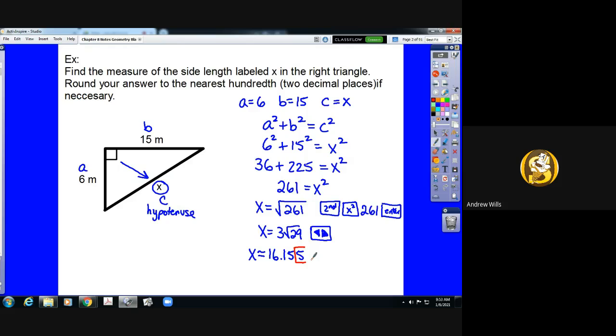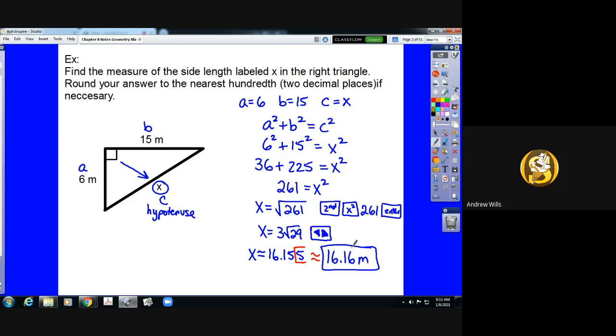Because that is a 5, that tells us to round up. And this turns into 16.16. And then the last thing we need are units. In this problem, the units are meters. So our answer would be 16.16 meters.